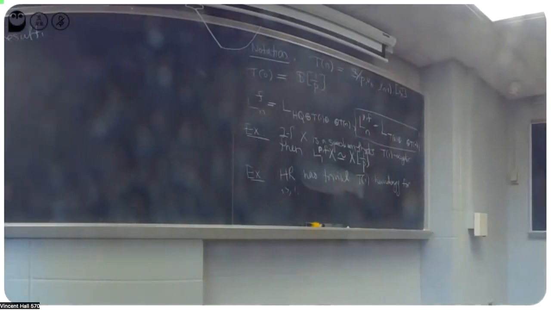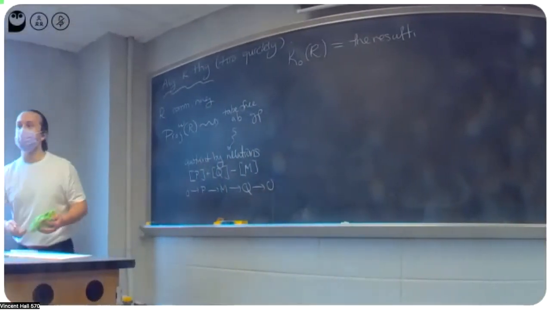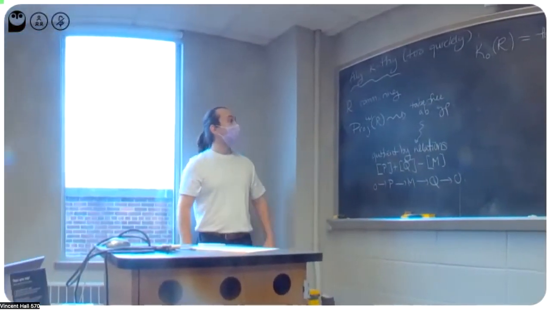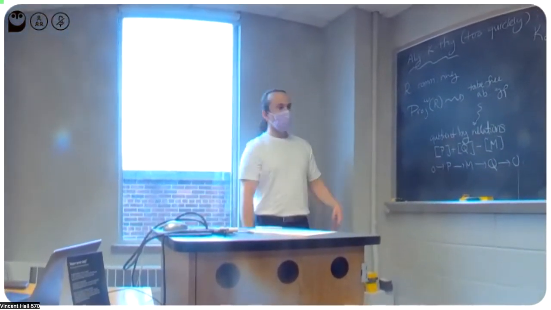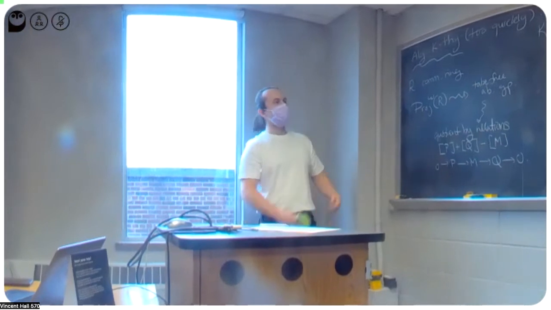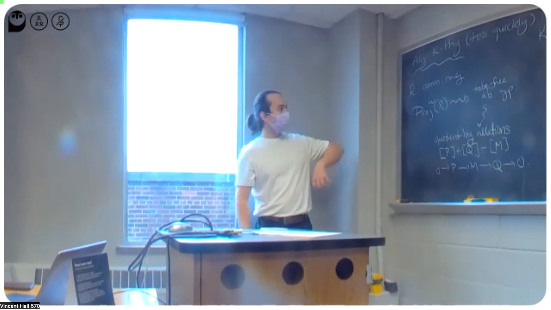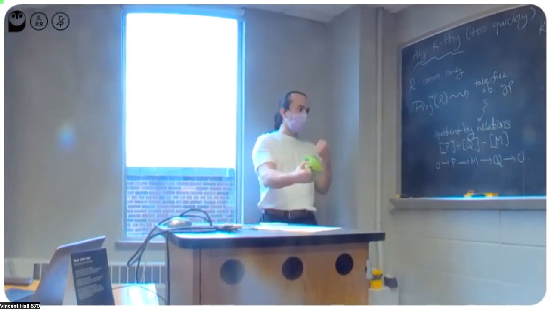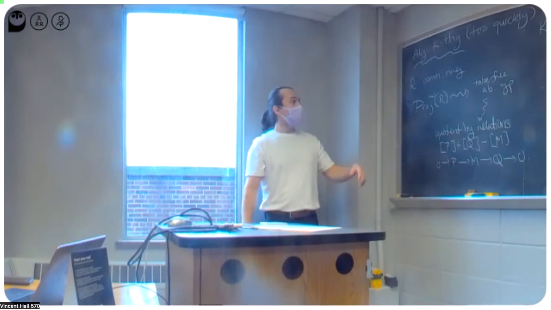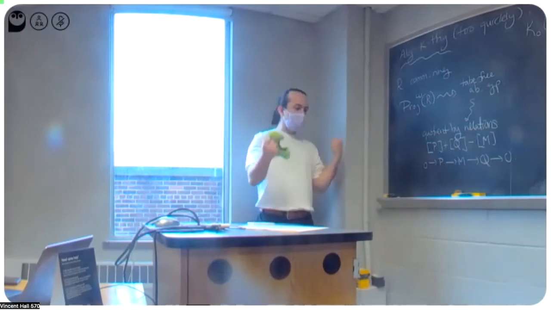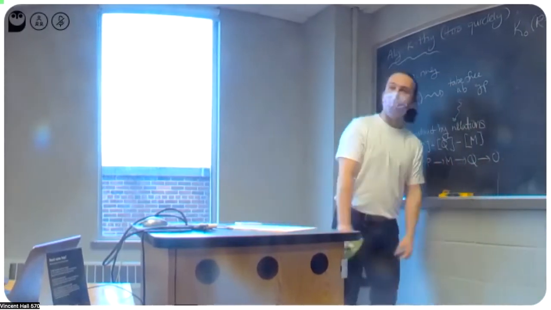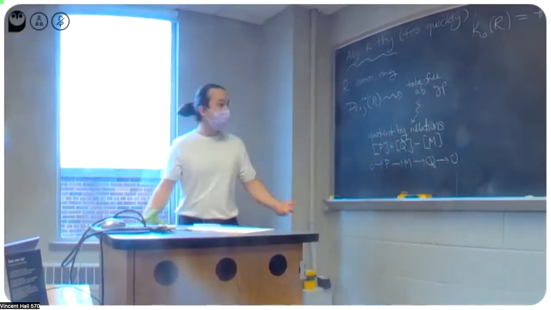And in this case, we have a nice affine scheme in front of us, in particular Spec R. And from the correspondence between affine algebraic geometry and commutative algebra, finitely generated projective R-modules are exactly vector bundles over Spec R. And so these K groups are giving you a way to organize how you might approach the problem of classifying vector bundles over a scheme.